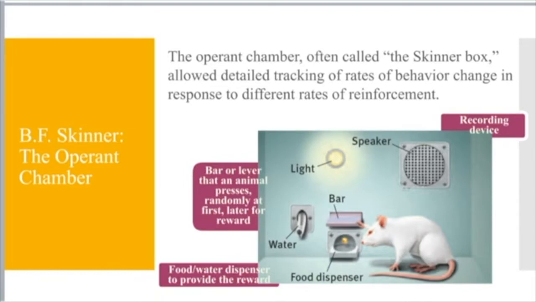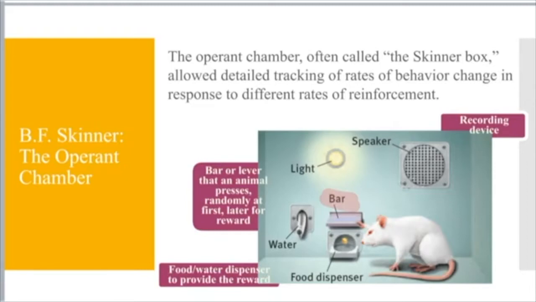So the bar or the lever, right, if you're looking right here, is the bar that an animal presses randomly at first, later for rewards, right? So they don't know at first that the bar will give them food and water.